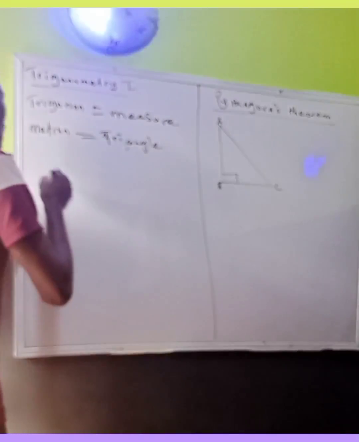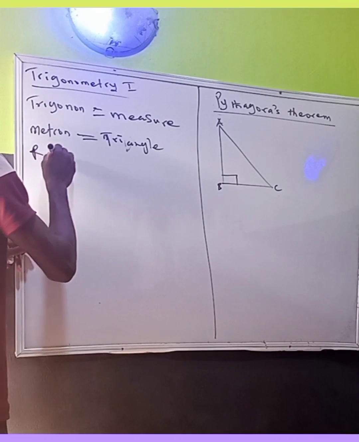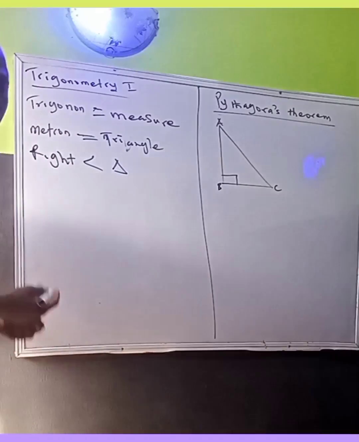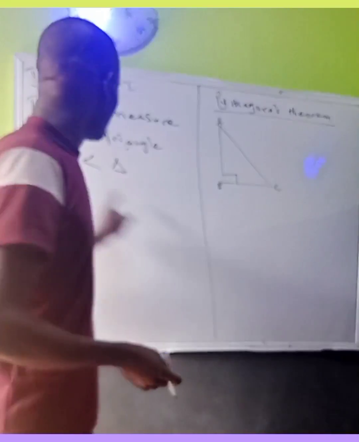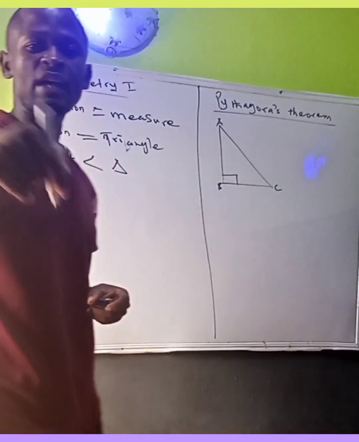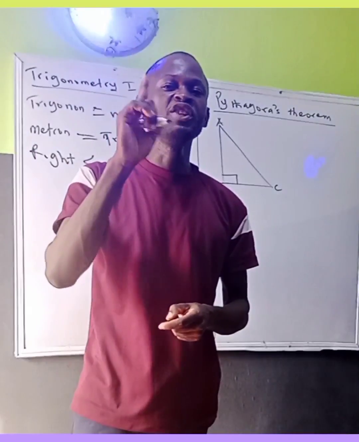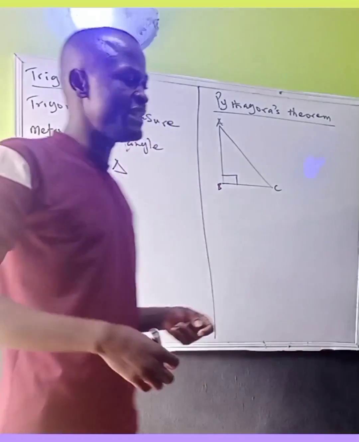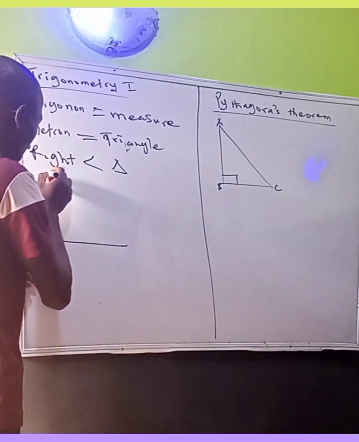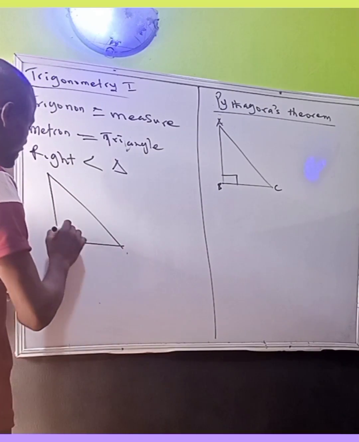First of all, we have to ask ourselves, what is a right angle triangle? Start getting used to mathematical symbols. This is right, this is angle, and this is triangle. A right angle triangle is that type of triangle in which one of its interior angles is exactly 90 degrees. You have something like this.